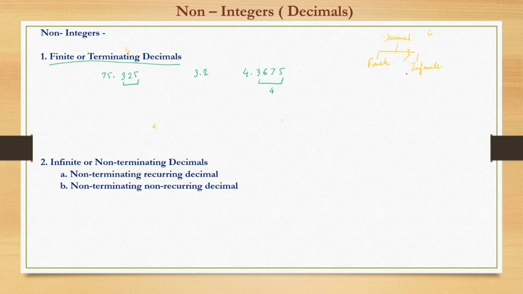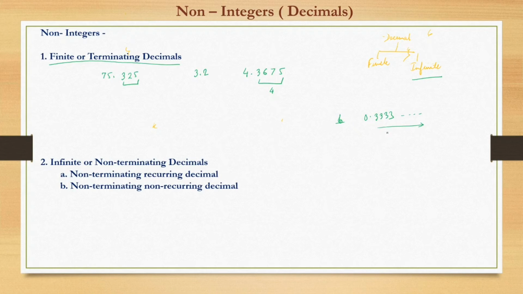But in the case of infinite or non-terminating decimals, they do not appear to be terminating at any point. If I take an example of say 1 by 3, which is nothing but 0.3333 and keeps on going, the number of digits after the decimal is infinite. It does not end or terminate at any given place.